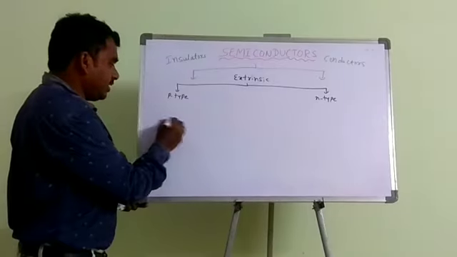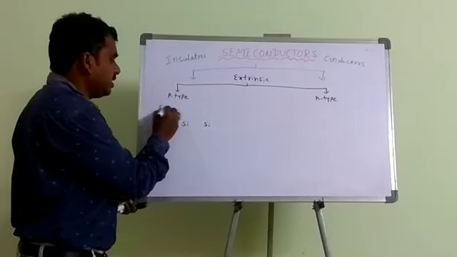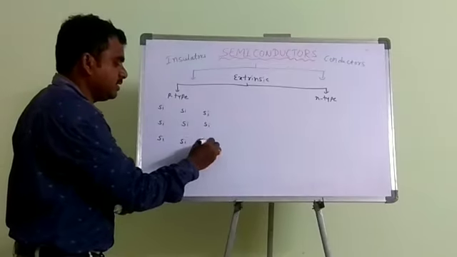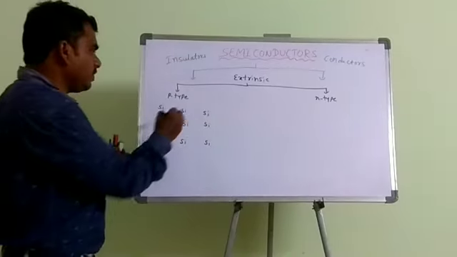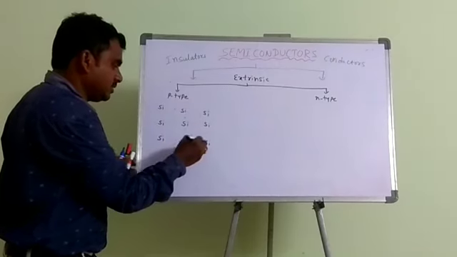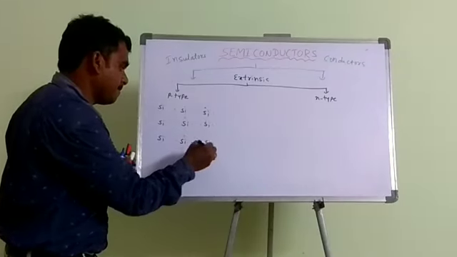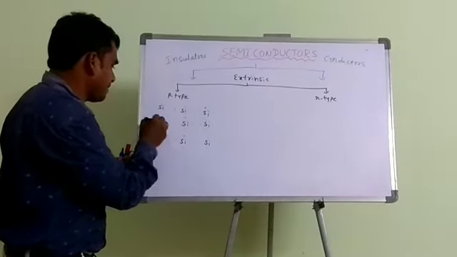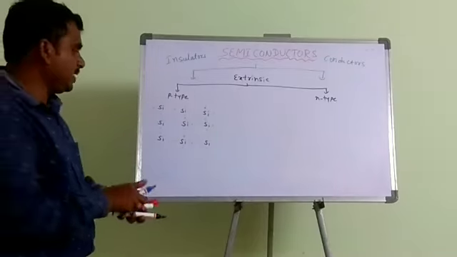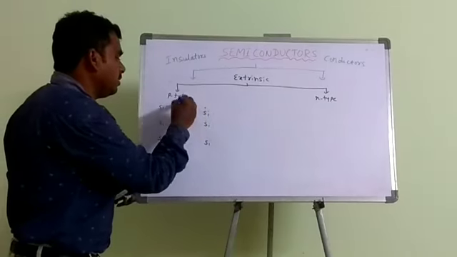For example, take a pure semiconductor, silicon. Each silicon atom has 4 electrons in the valence shell, and those participate in covalent bonding.